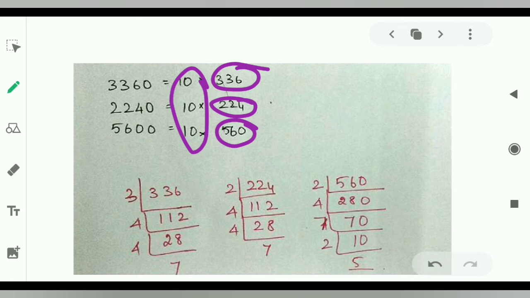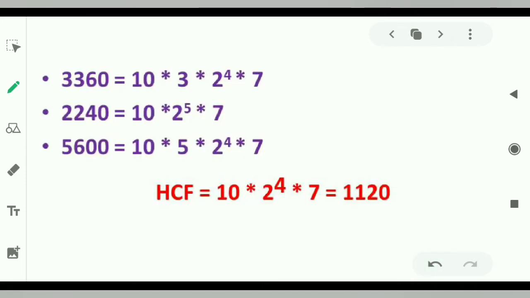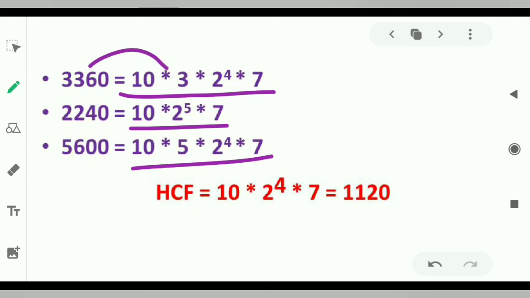Let's do this with the factorization method. 336 we can write as 3 into 4 into 4 into 7. 224 is 2 into 4 into 4 into 7. 560 is 2, 4, 7, 2, 5. 3360 can be written as 10 into 3 into 2 to the power 4 into 7. Similarly, we can write these three terms.